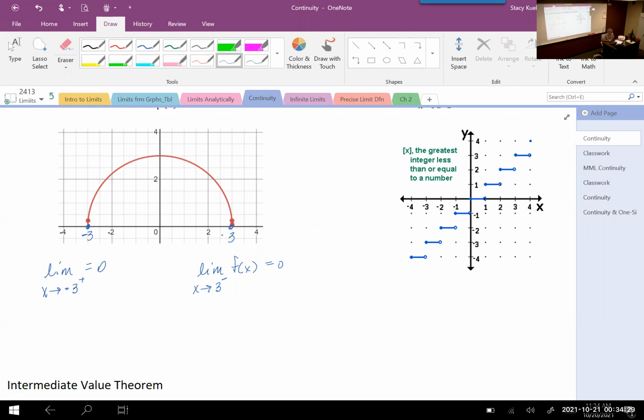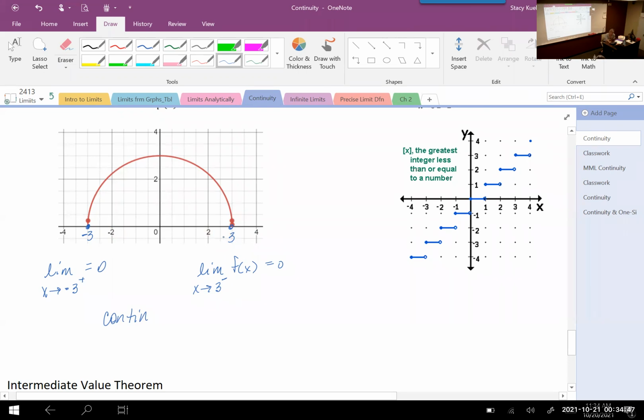It's kind of a workaround. So we can talk about this function being continuous because we are taking one-sided limits within what is defined already from the domain. Okay.